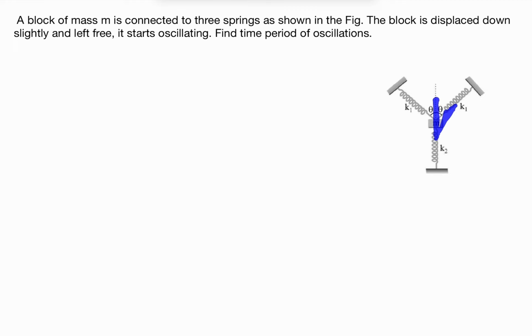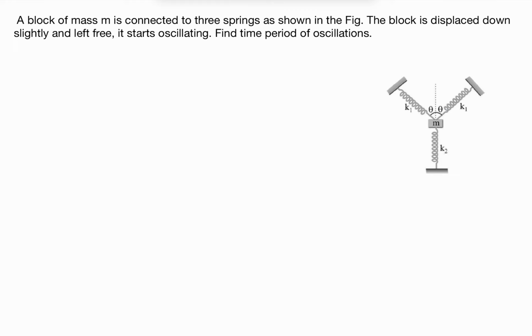If this force is F1 at angle theta, it will be F1 cos theta due to one spring, and the same way 2 times F1 cos theta due to both springs. And the restoring force of K2 remains K2 times displacement. Please keep this in mind: we should take the cos component of the force along the spring. To find the force along the spring, we have to find the displacement also.